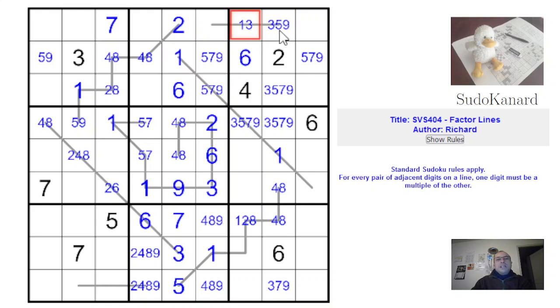Yes, if I put 3 here, then this is 9, and there's no valid option here. So that has to be a 1, which is interesting now, because this is not 1. So this now has to be an even digit next to 2 and 8, so it has to be 2 or 8. And this is 4, and this is 8.